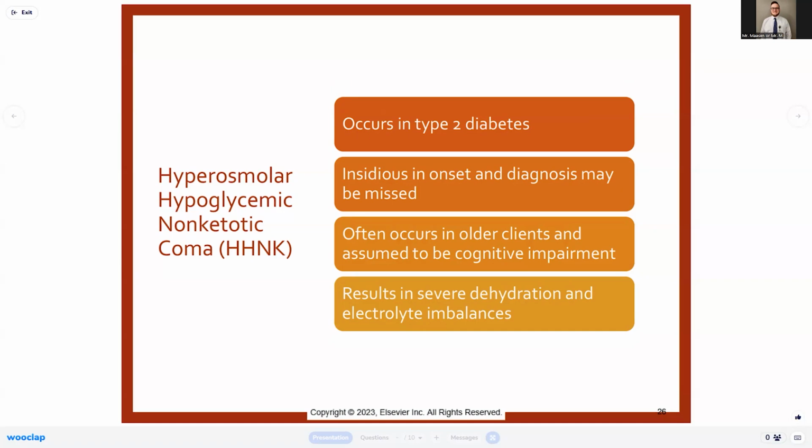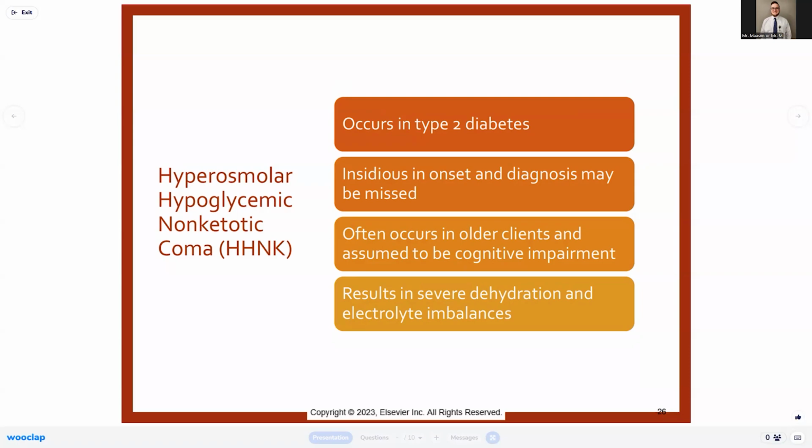HHNK is more prone in type 2, with an extremely high glucose level. Imagine type 1 at 200, 300; with HHNK you're going to see glucose levels of 600, 700, 800, extreme dehydration, extreme electrolyte and fluid loss.